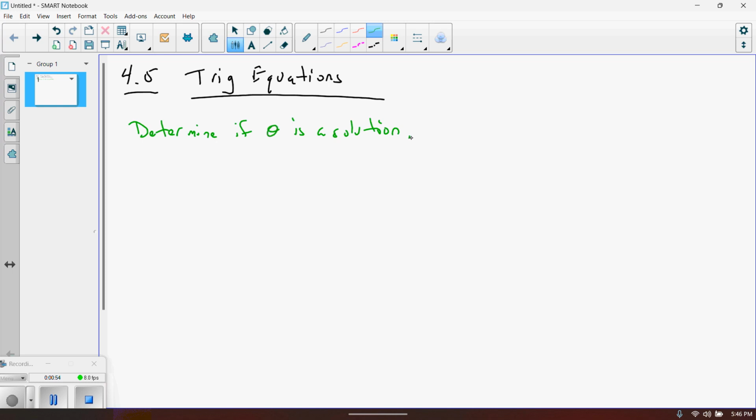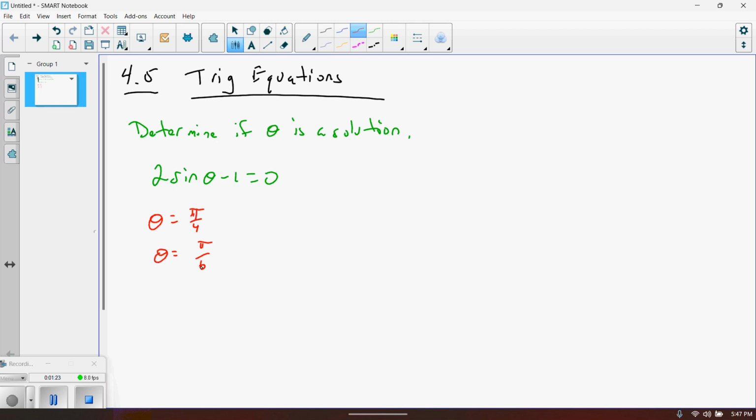So we might be given the equation 2 sine of theta minus 1 equals 0. And the theta values that we might be given are theta equals pi fourths and theta equals pi 6. And we're trying to determine if one or neither or both are solutions to this equation.